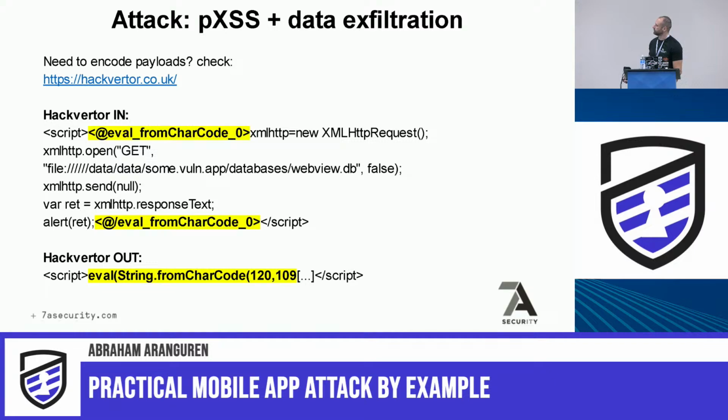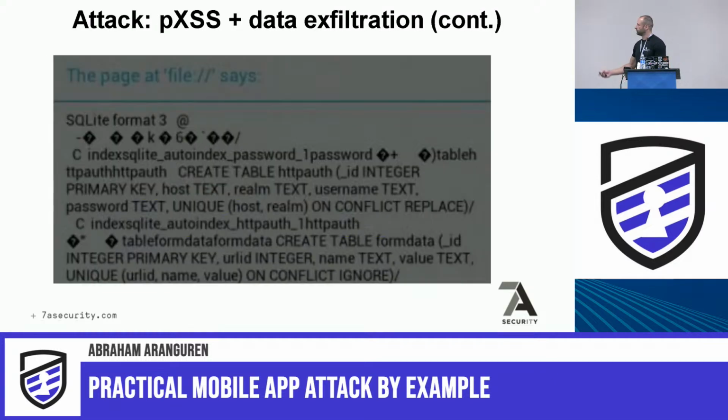This allows you to run XSS in scenarios where a web application, or in this case a mobile application, has trouble because it's so broken that if you have a single quote, for example, the website or the mobile app would break. So you can encode it, and then this was the encoded payload, and then you could read local files. So we have permanent XSS or persistent XSS with data exfiltration.